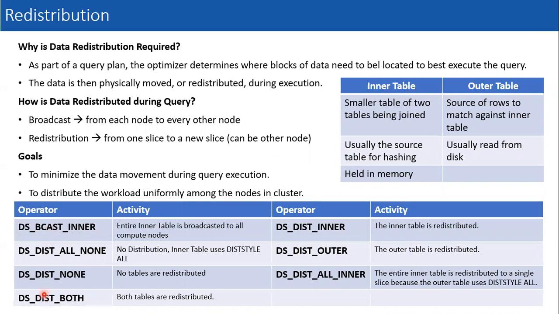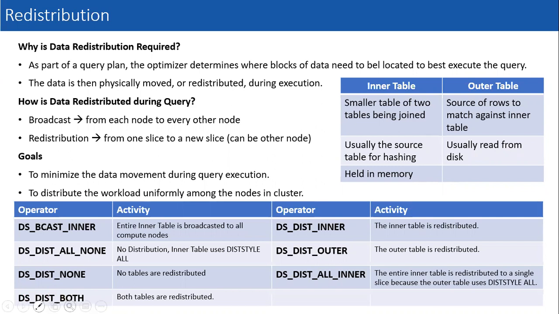And then DS_DIST_BOTH. What is happening here is I don't have any distribution style that has been picked. We have all, we have even. For example, we don't have any key column, or we don't have ALL applied in our table. We have something by default called even. So when we have two tables without any proper distribution, we will find all the tables being distributed across all the nodes.